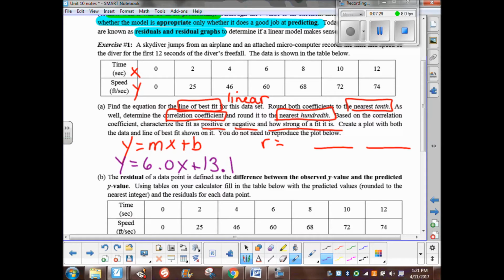And then round the correlation coefficient to the nearest hundredth, that'd be 0.94. So what would we say? We got a couple things to answer about our R value. Characterize the fit as positive or negative. Is it positive or negative, the correlation? It's positive, right? Because our slope is positive.